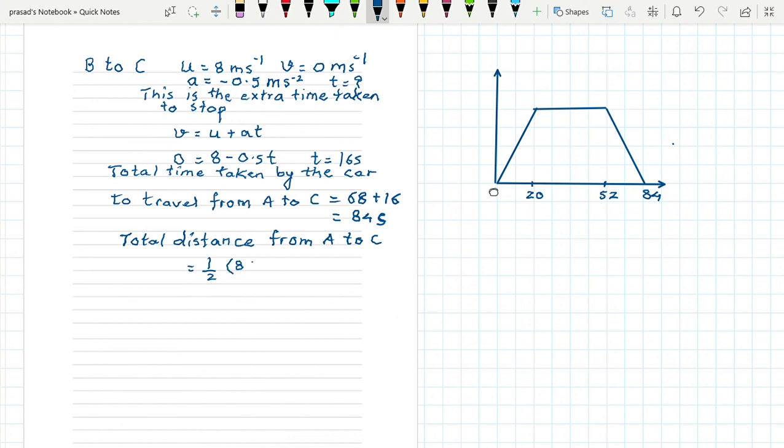That is one side of the trapezium. Now this side is 32. To 52, that is, this is 32 seconds, so this side is 32, and the height of the trapezium is here 16, that is the velocity reached by the car.